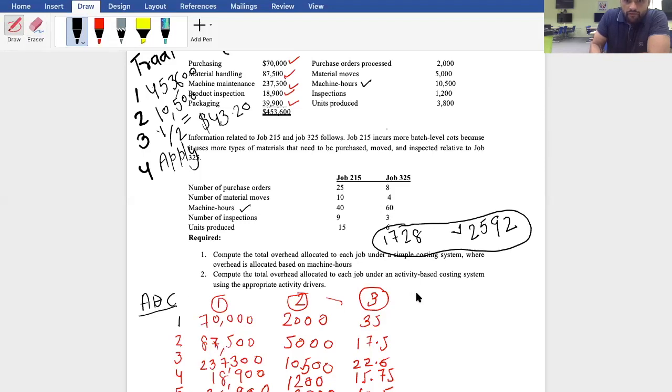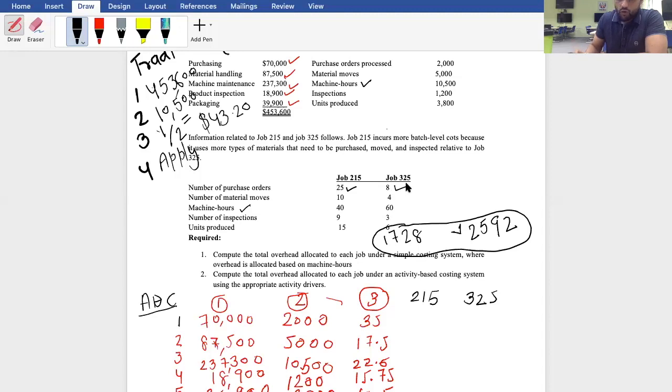So we have job 215 and job 325, right? Okay. For job 215, 35 multiplied by 25 and for job 325, 35 multiplied by 8, right?